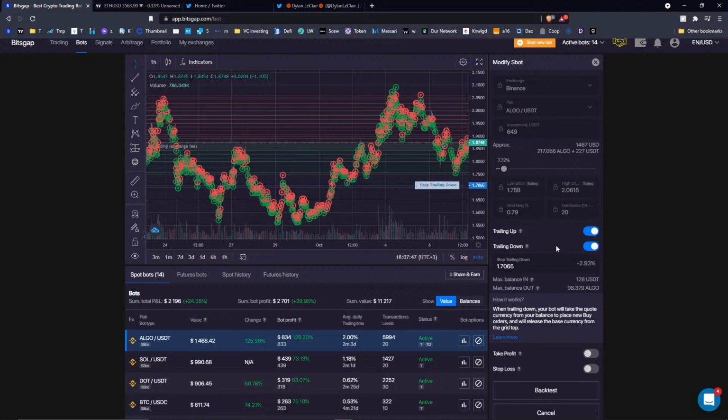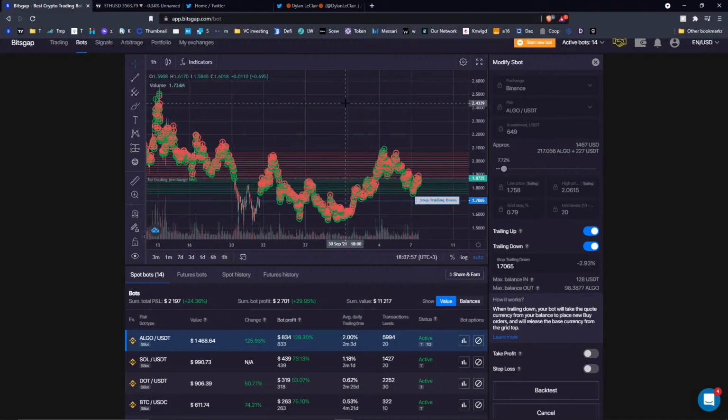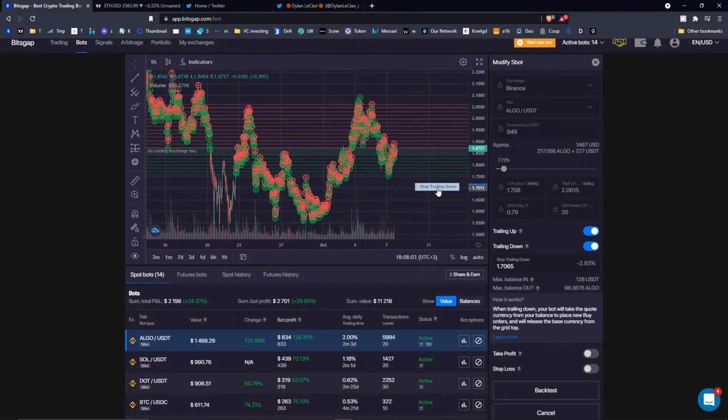You now even have the trading down, which basically allows you to increase your investment and expand your trading range. For example, you see now ALGO to USDT on my chart, and my trading down is below the trading range.